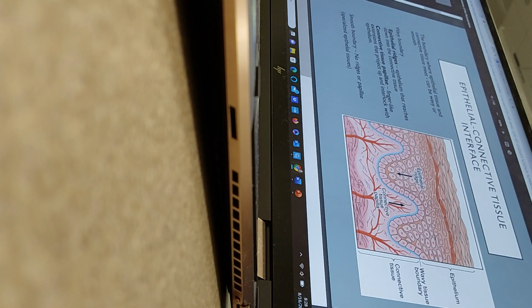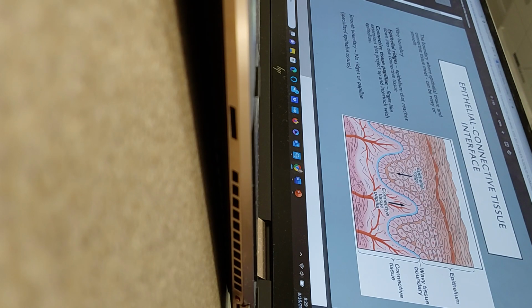All right, this is about the junction between epithelial cells and connective tissue, okay? So we've seen this already in a different picture, but it's labeled differently now. That interface between connective tissue and epithelial cells is usually a wavy interface, but in some specialized areas, it's smooth.